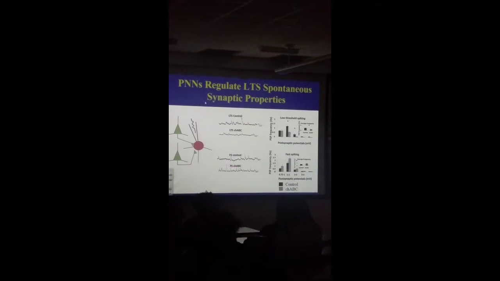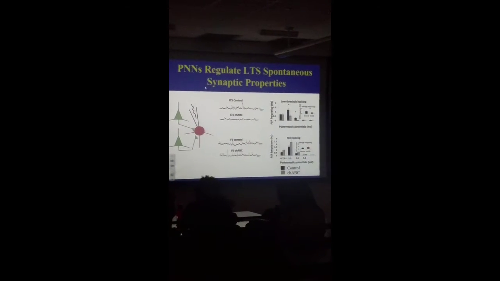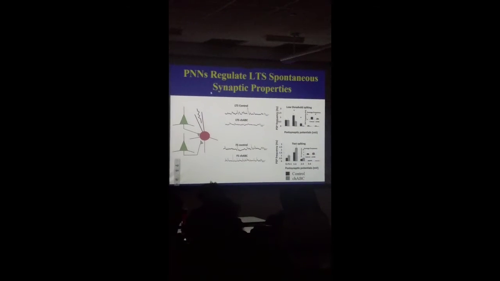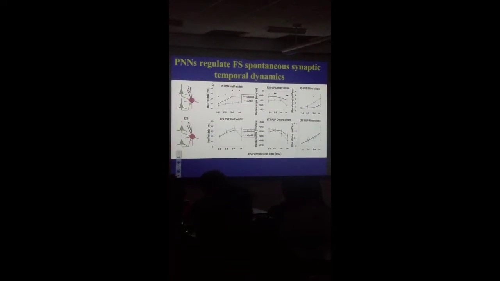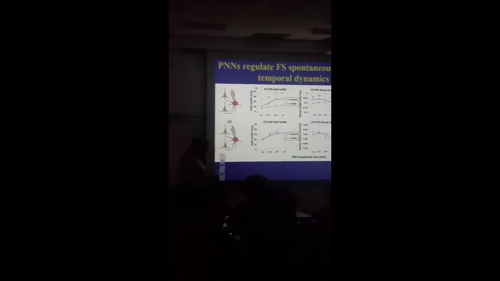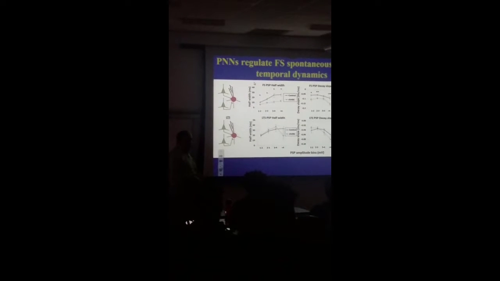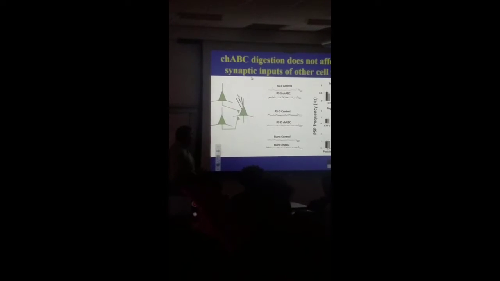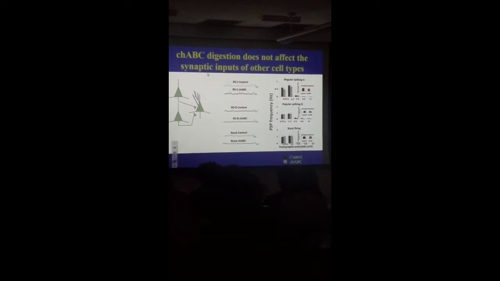In fast spiking cells, there's no change in frequency, but what does change is the temporal dynamics. If you look at the width of the responses in the control condition versus the digested condition, they're quite different, which we quantify here, where we measure the width of those responses, and you can see that they're significantly decreased following trimming. And there's no effect on the excitatory cells.